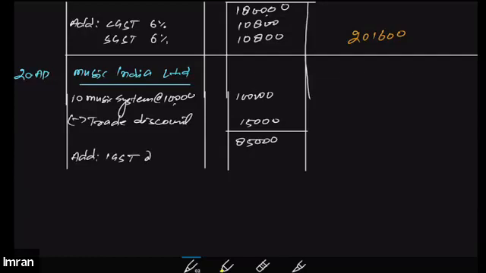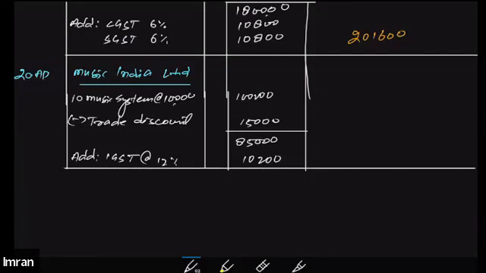Input IGST at the rate 12% will be applicable. So we need to calculate 12% of 85,000, which is 10,200. And now we will add this, it will be 95,200.